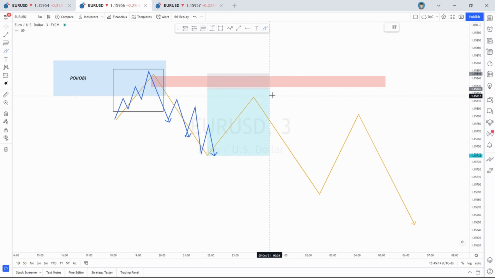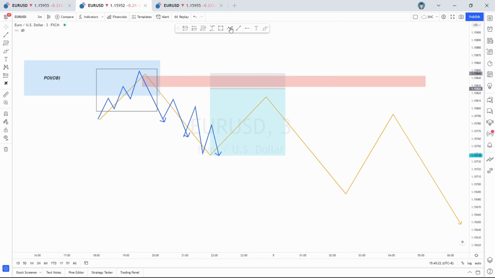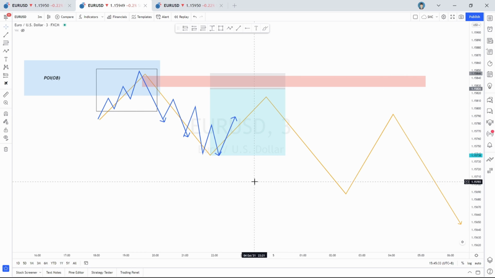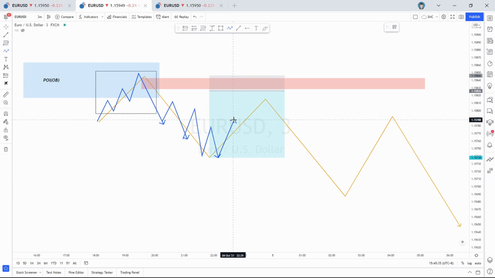So how do we enter on this point? Let's say we missed this entry, or price didn't tap this entry. So what we would do is look at the lower time frame. As soon as the lower time frame breaks structure of this minor structural point, lower high, lower low, lower high, lower low, lower high, but breaks it.